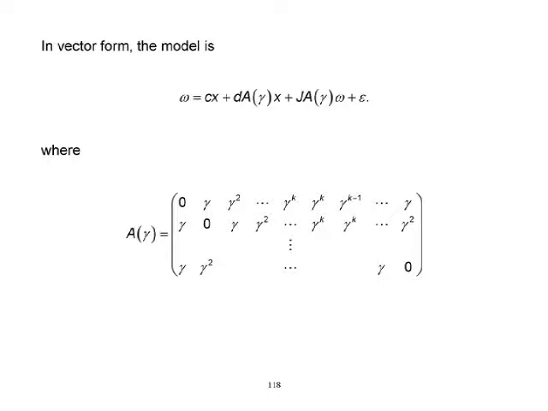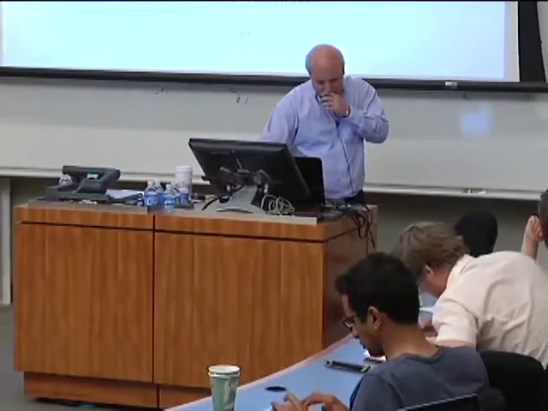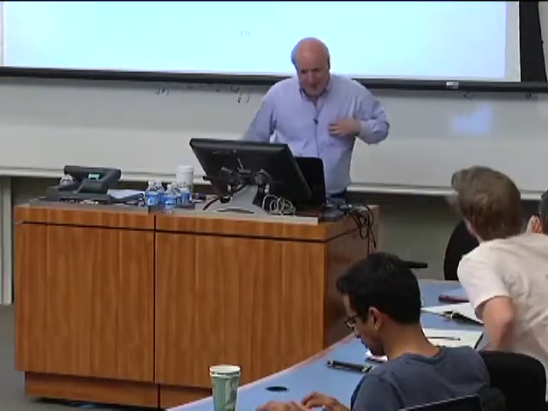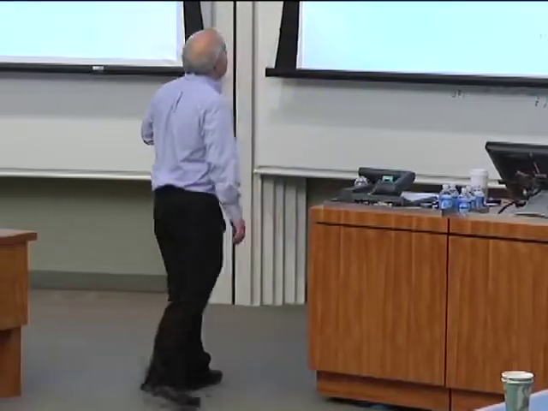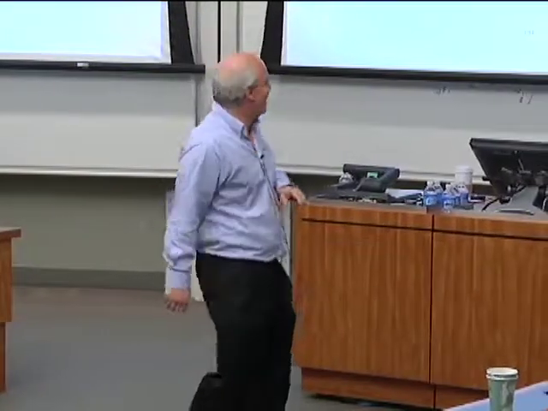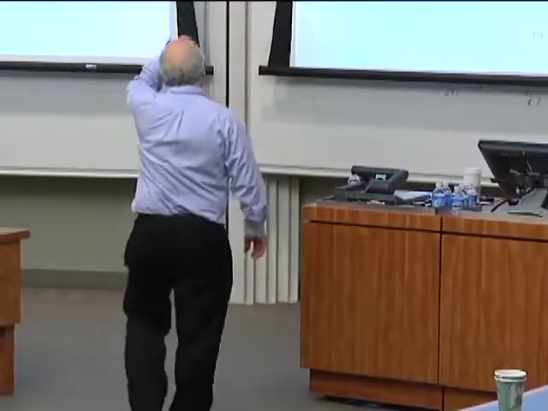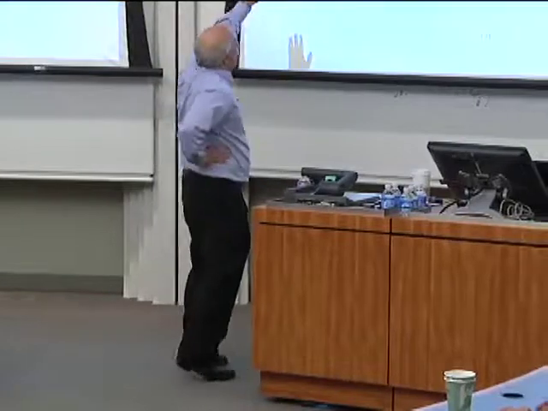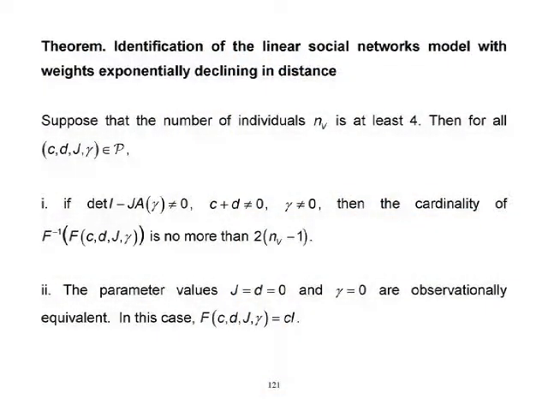And so for that particular case, now you've got to be pretty careful about theorems. Because for that particular model, what you have is something called complete identification. Let me just say what it says.